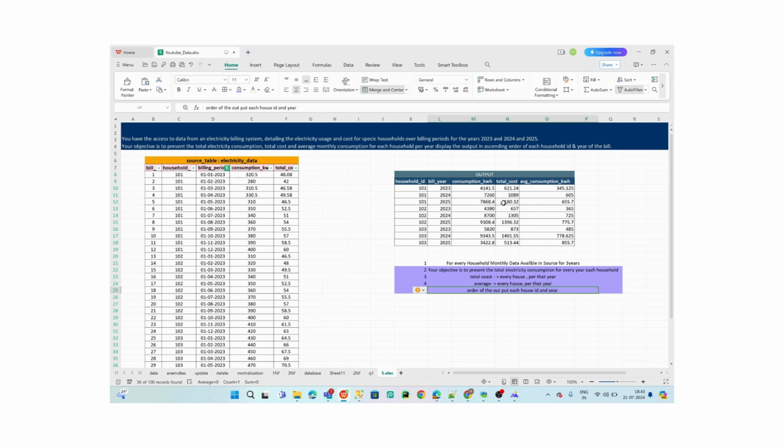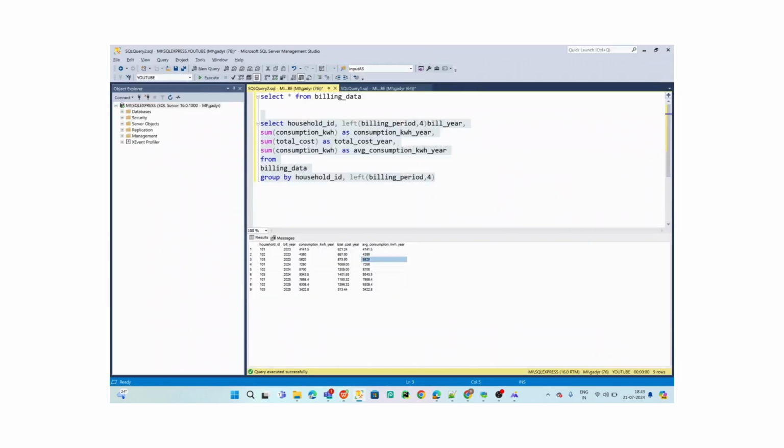Then ordering the data by using the required columns. What they are saying is the output should be in ascending order of each household and each year. So order by household ID and billing year.